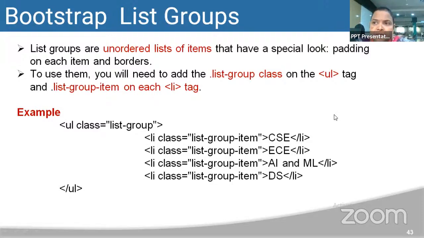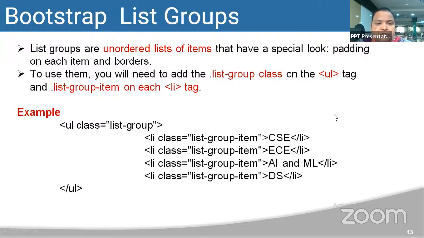Actually, in HTML, two different list groups are available: ordered list and unordered list. For the ordered list you use the OL tag, and the unordered list uses the UL tag.